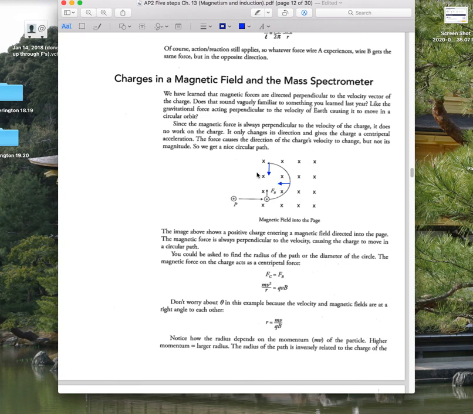So you would get a centripetal force here, which is mv squared over r. You would also get that as equal to the magnetic force, qvB. So one thing to remember, anytime you have a force pointing toward the center of an object moving in a circular path, it by definition is a centripetal force. And really all that is a fancy term for net force on an object going in a circular path.